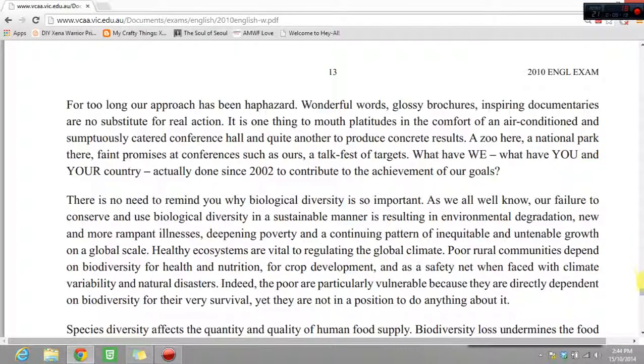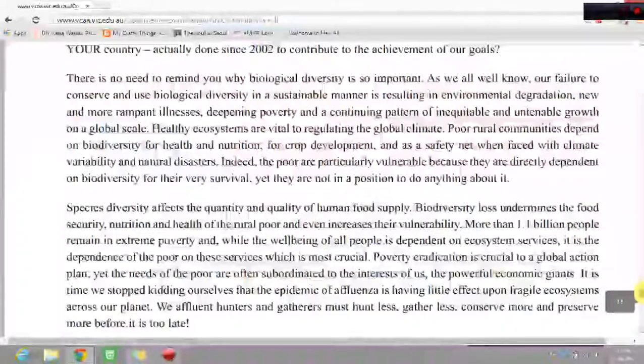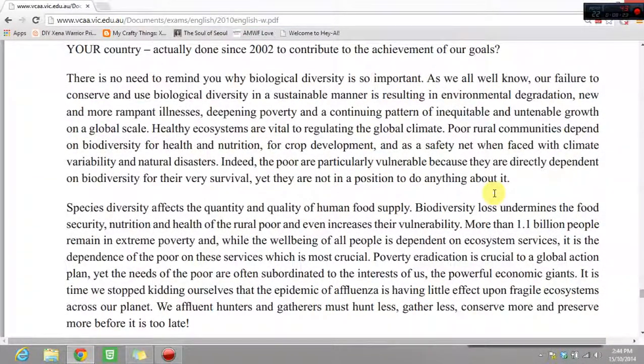A lot of the language, particularly the references to the poor in the next couple of paragraphs, is an appeal to social justice. So in the Western world, and not just the Western world, I think everywhere, there's a certain ingrained sense of responsibility that we should try and do our best to create equality and look after those who are less well off than us.